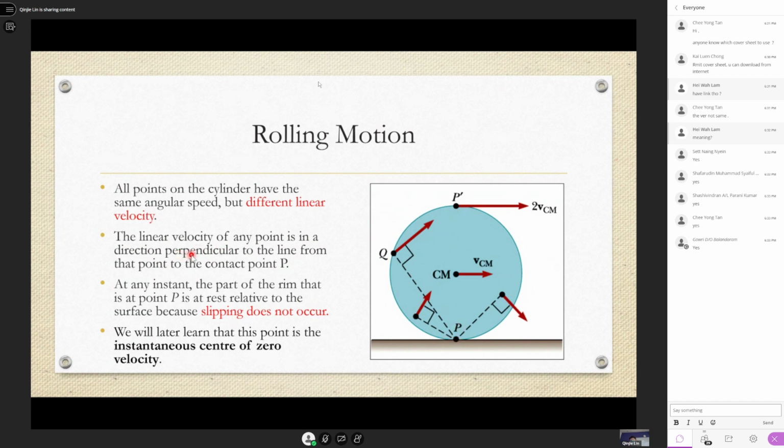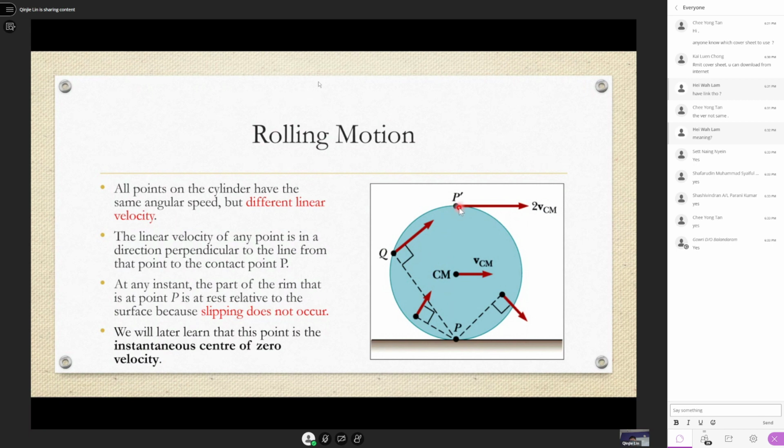So what the second point means is, from any point on the cylinder that's rotating around this point, if you draw a line to the point of rotation, the actual direction that the point is moving is a right angle from that. For example, point Q: a straight line you draw to P. Then to find out where point Q is going, it's just a right angle to this imaginary line to point P. That's why it's moving here.